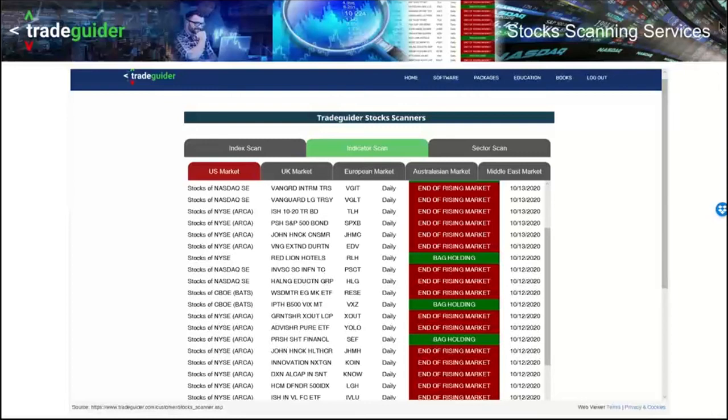When we are talking about indicator scans, we should remember that every VSA setup starts from climactic action, from the very, very big volume bars, which might become a turning point in the market. And this is what we are trying to find here.